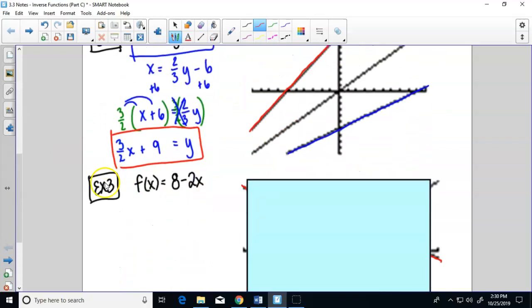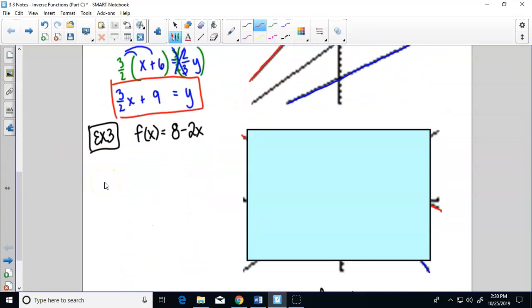Let's do one more of these. So we've got f of x equals 8 minus 2x. We will switch our x and y, so we'll have x equals 8 minus 2y.